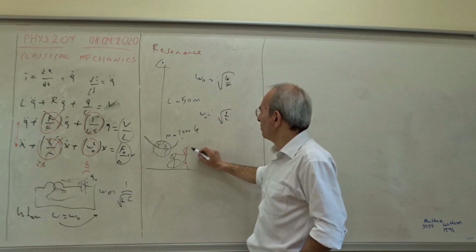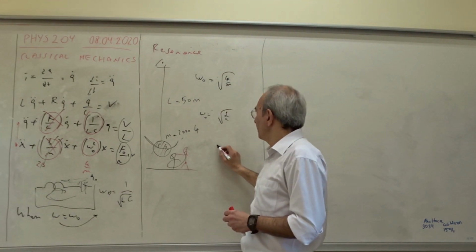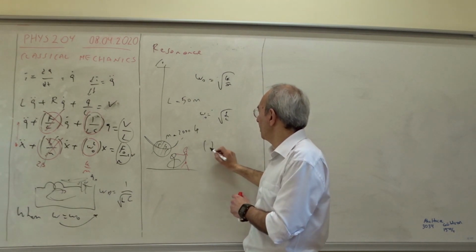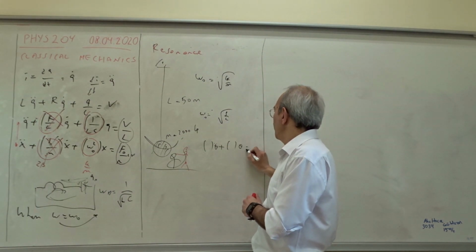Remember we have seen the simple pendulum, and we had something multiplied by theta double dot plus something multiplied by theta equal to 0.